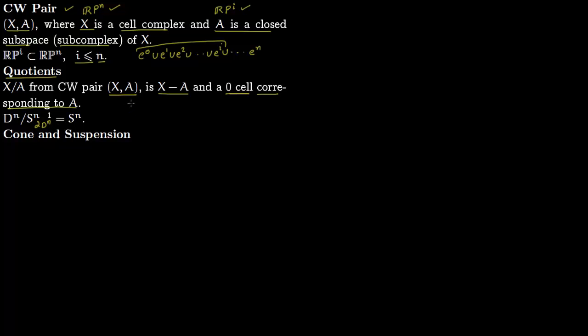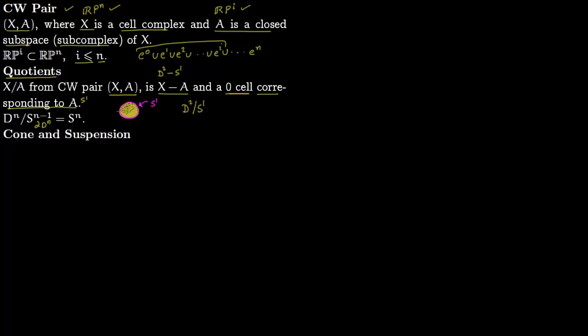To see this, you first have a disk. So this disk is D^2. The boundary of the disk is S^1. And we are trying to find D^2 by S^1. So you take this S^1 out and collapse it to a point. You're taking X minus A, so that will be D^2 minus S^1, and a 0 cell which corresponds to S^1.